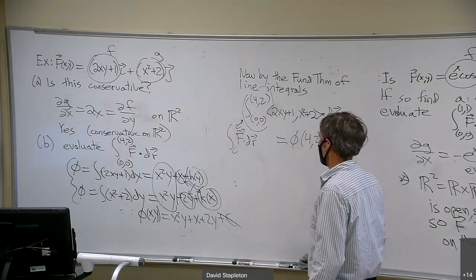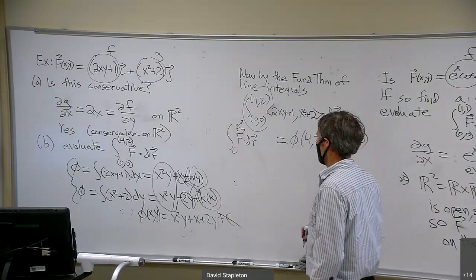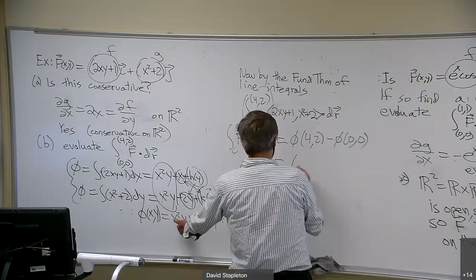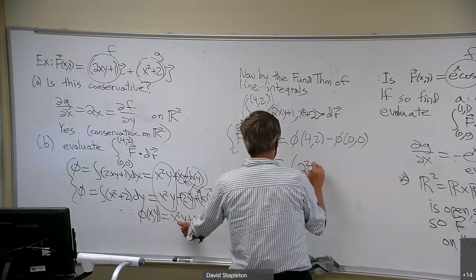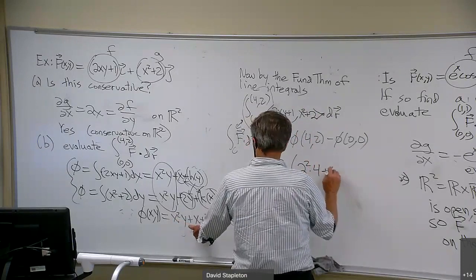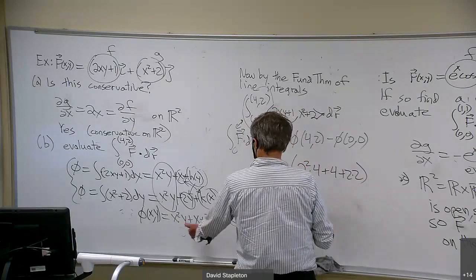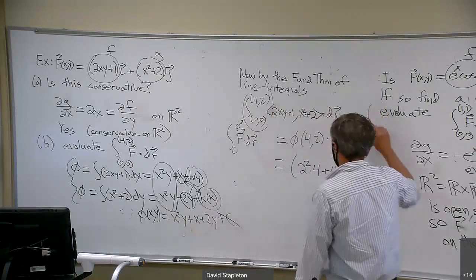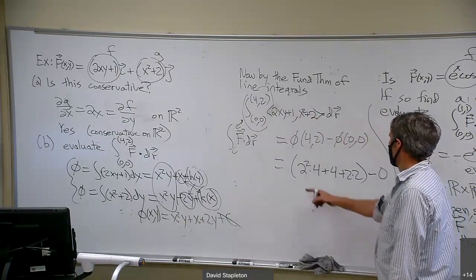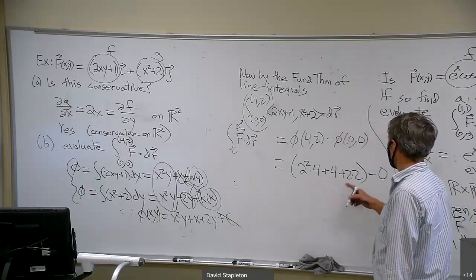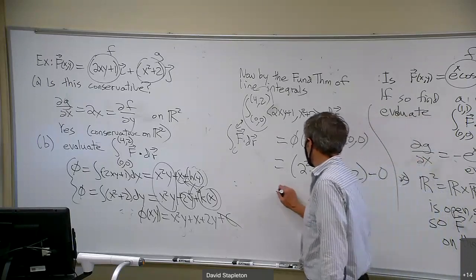That's all there is to it. 2 squared times 4 plus 4 plus 2 times 2. I plug in (4,2) minus 0 when I plug in the other point. So it's 16 plus 4 is 20 plus 4 is 24.